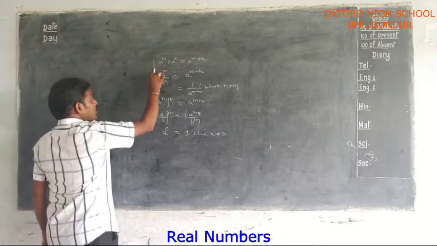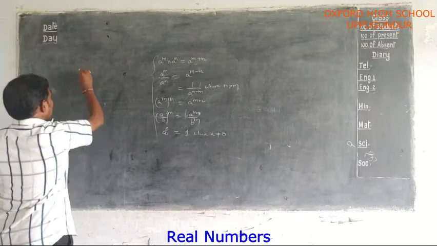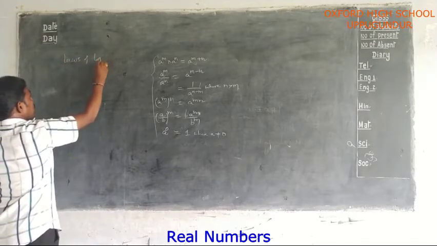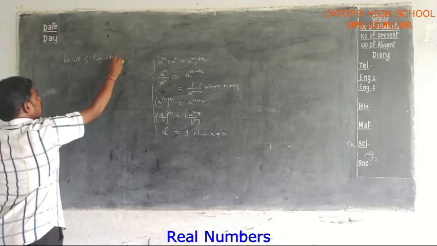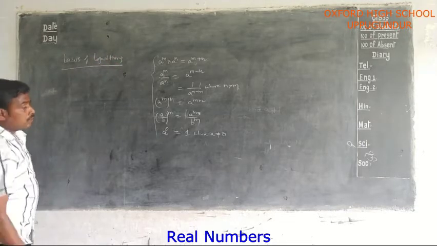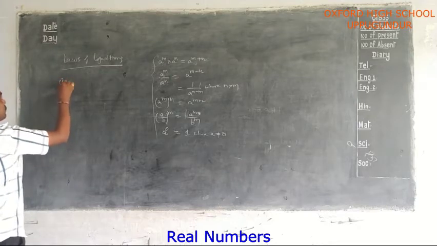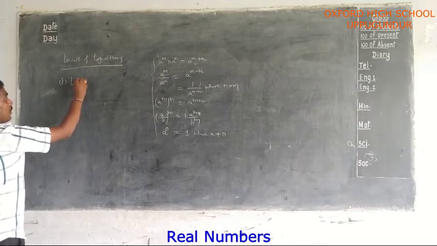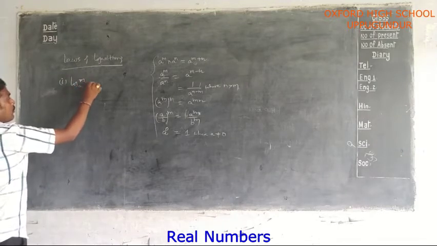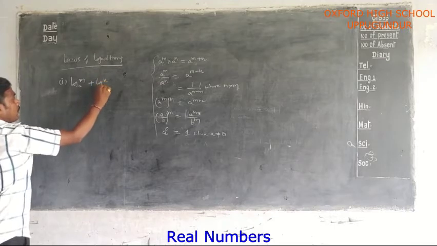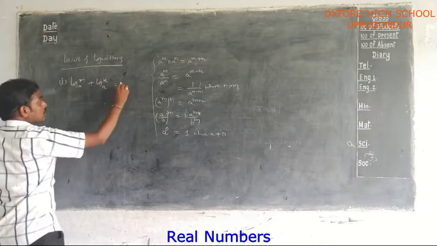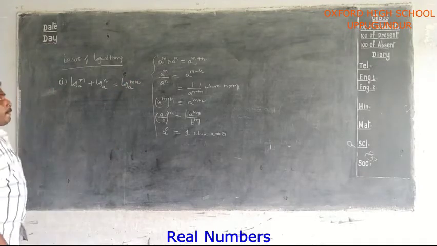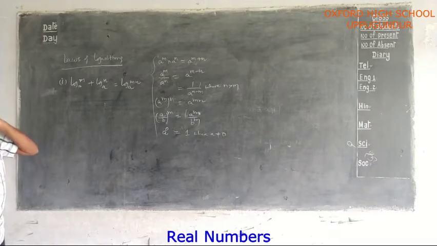Based on these, we can prove the laws of logarithms. First one: log m to the base a plus log n to the base a equal to log mn to the base a. So this is the first law of logarithms.